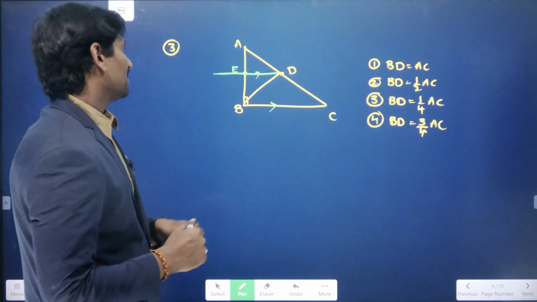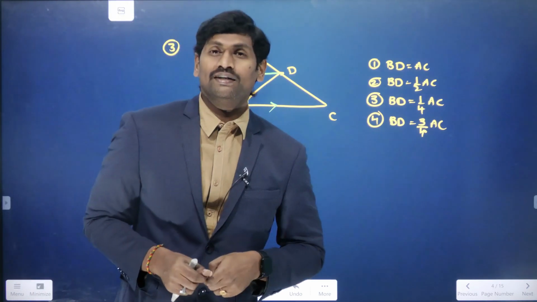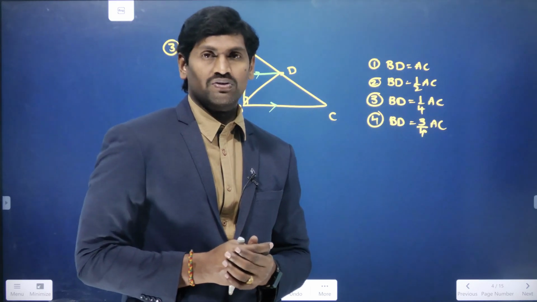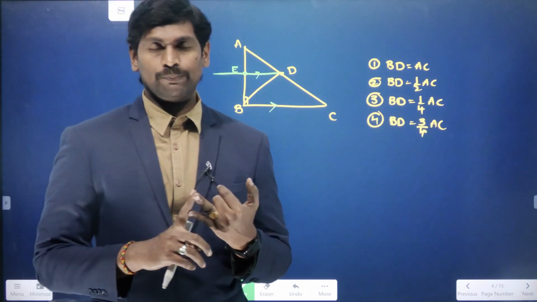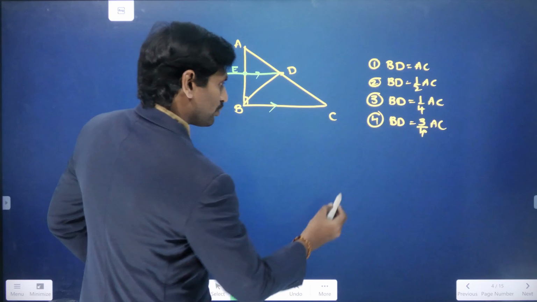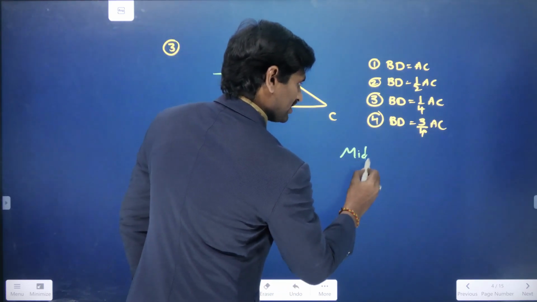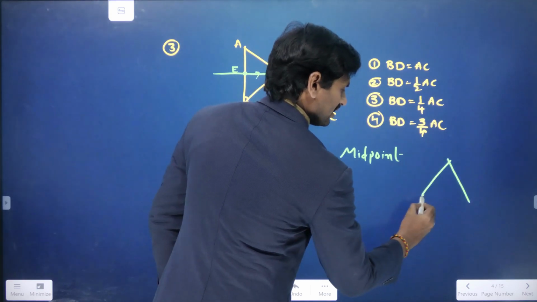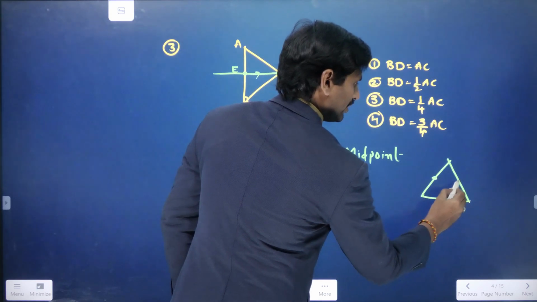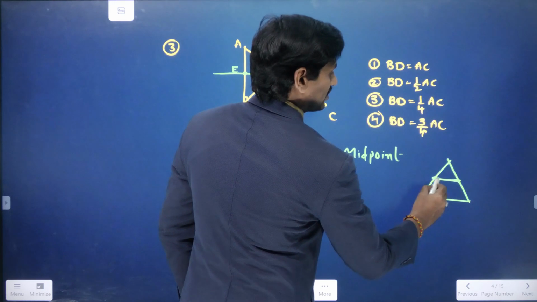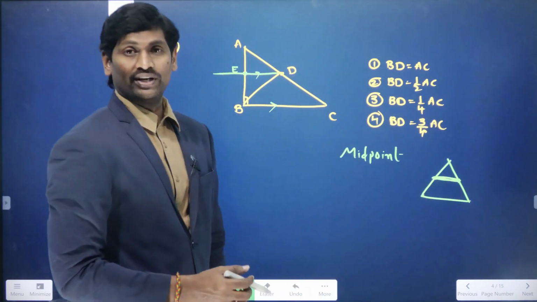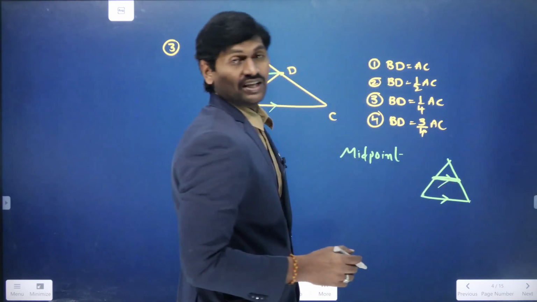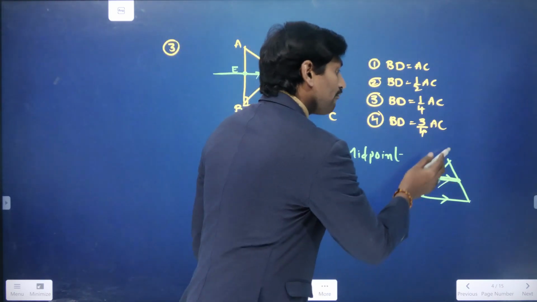Here you should remember the converse of the midpoint theorem. Let me revise once. The midpoint theorem says that in a triangle, if you join the midpoints of any two sides, this line segment is parallel to the third side and half of the third side.